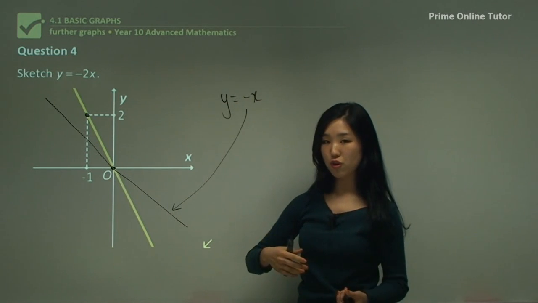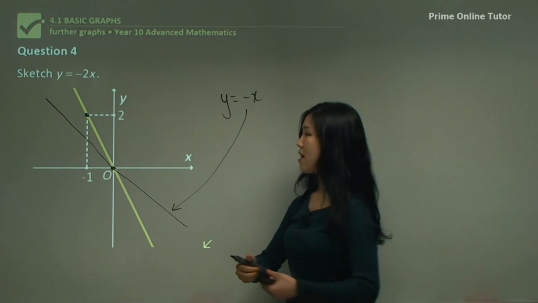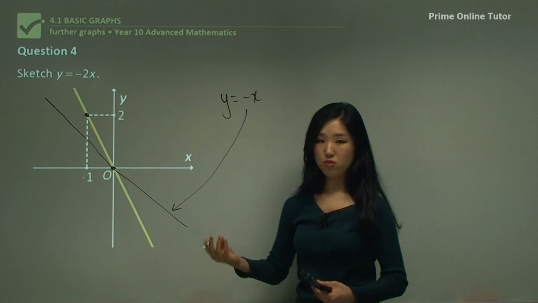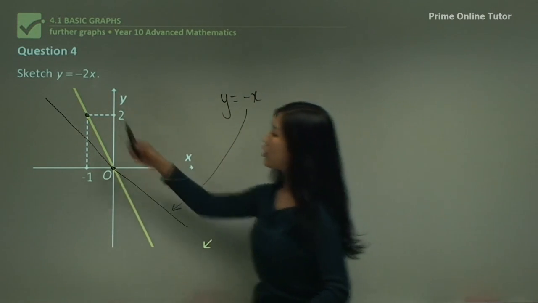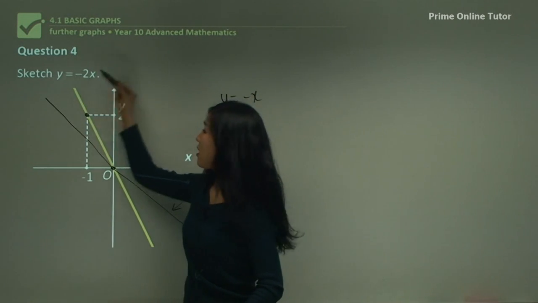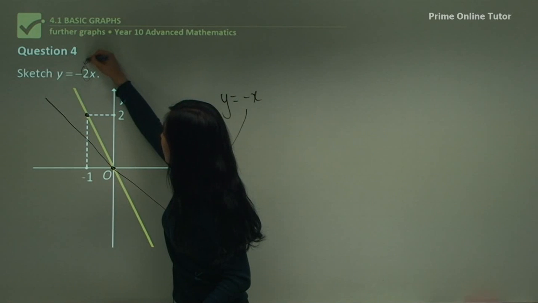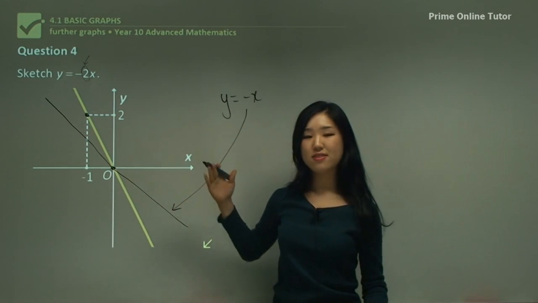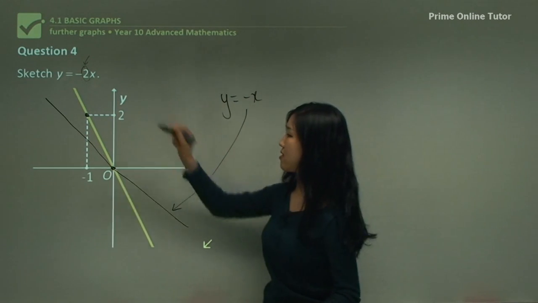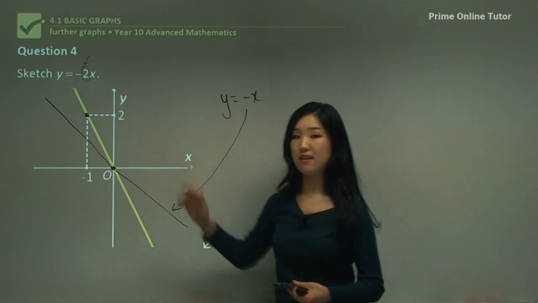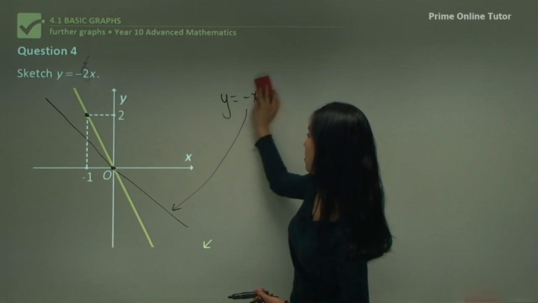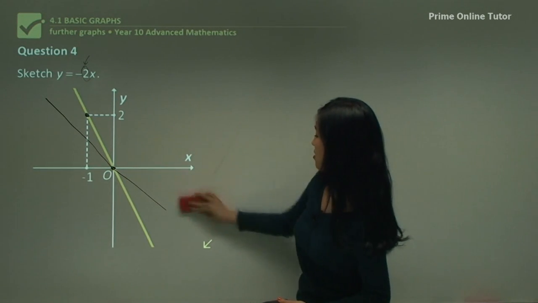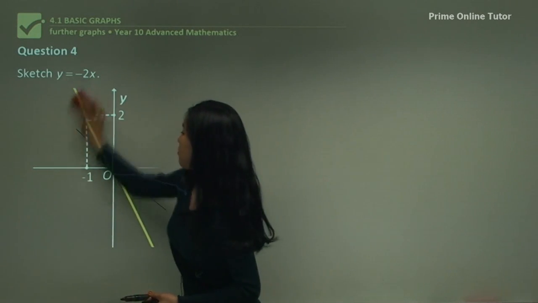Similar to question 2, y equals positive 2x was steeper than y equals just 1x, right? So don't worry about the negative sign. If this number here gets bigger, the steeper it is. But because of the negative, it's just leaning towards the left-hand side. That's the difference. So you really got to know that. That's question 4.